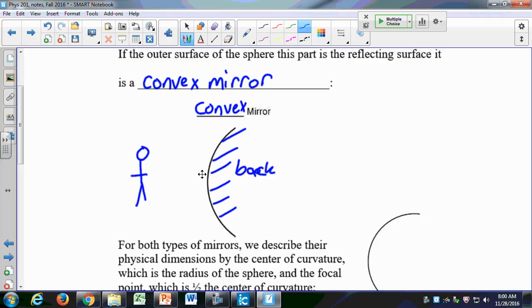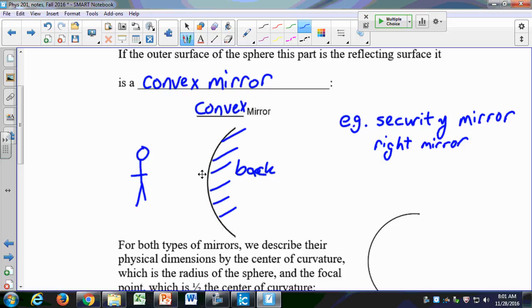The convex mirror, an example, is like a security mirror or the right mirror on your car, the passenger side mirror. And it always makes things appear smaller and upright.